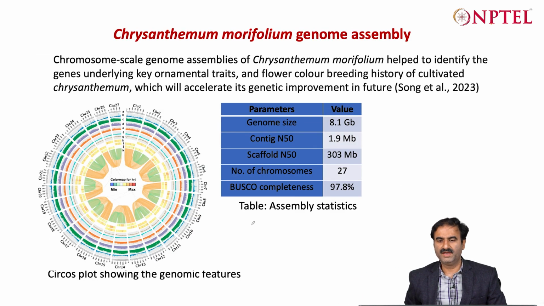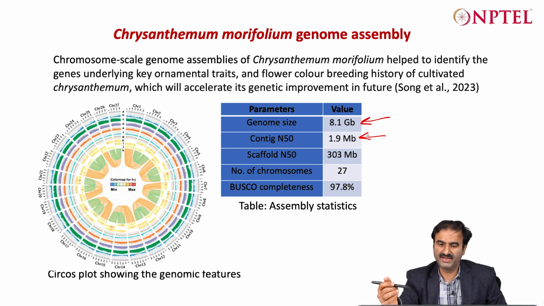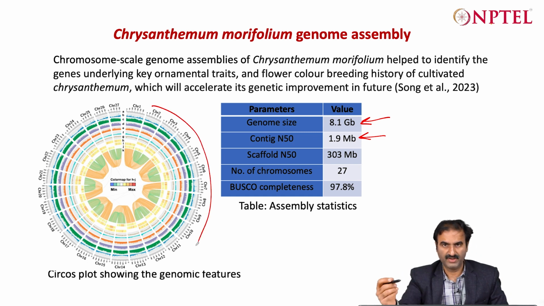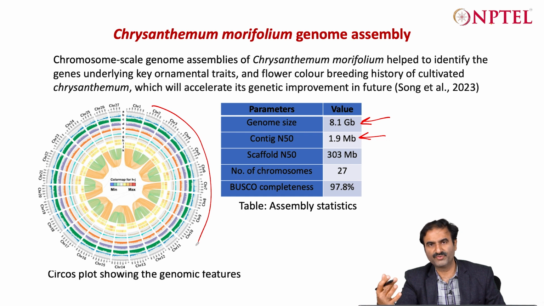Then there was another genome for a flower. So the genome size was big, but still they could achieve a very high contig N50. They could also do a chromosome-level arrangement of all the chromosomes and the regions that were overlapping in those chromosomes. Scaffold N50 was also high.